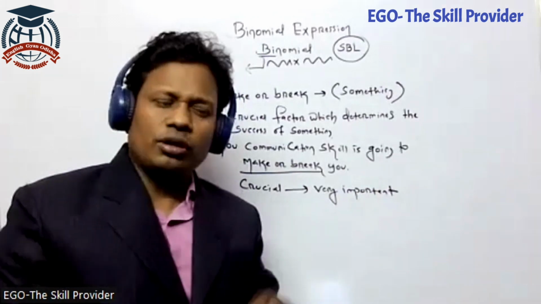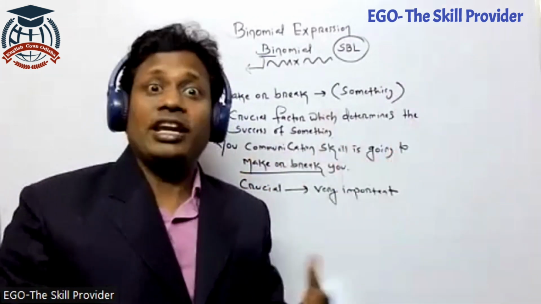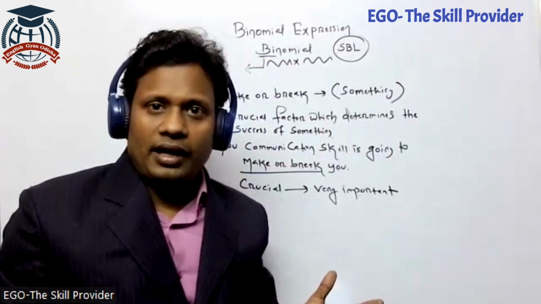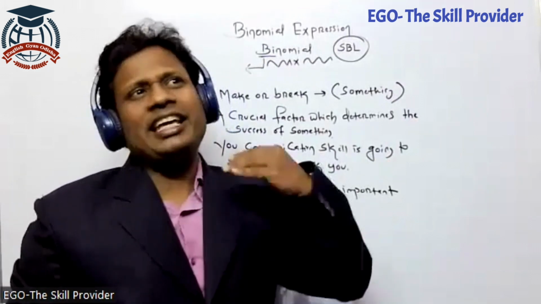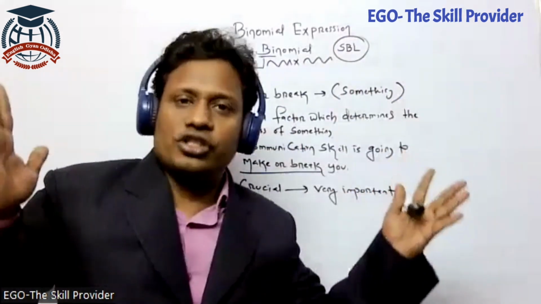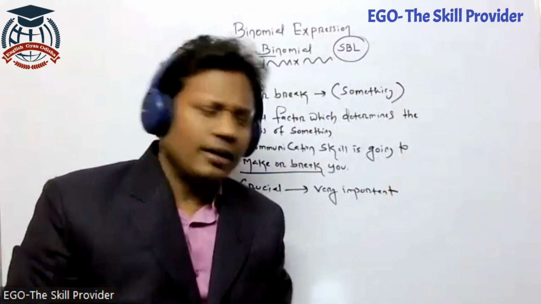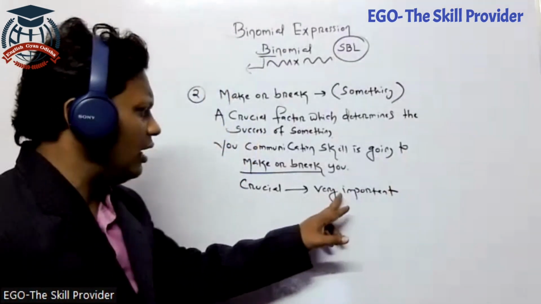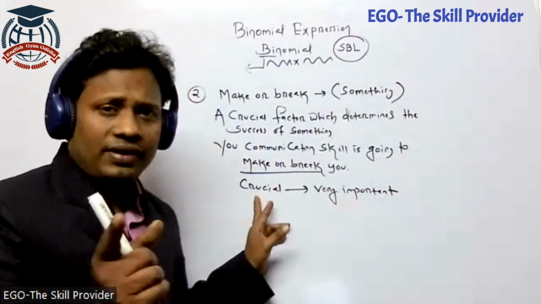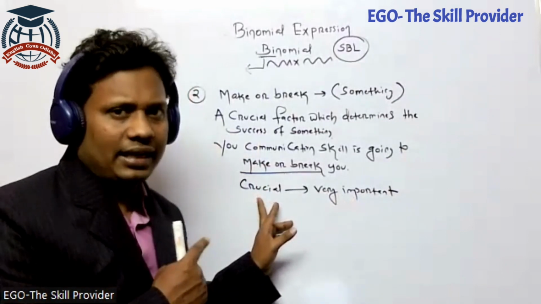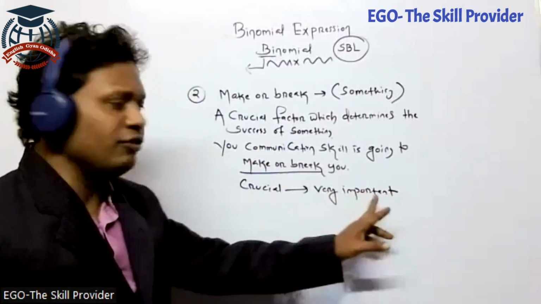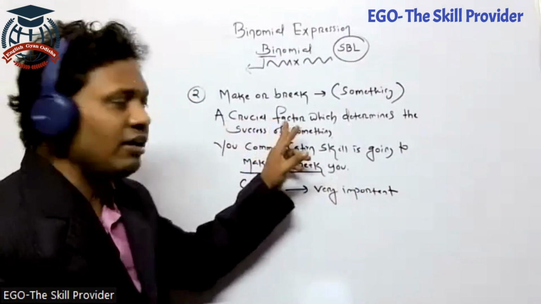The girl is very beautiful, the girl is gorgeous, right? It was a very, very big fish, it was a humongous fish. Like that, we cut the word very and substitute a single word in its place. I'll take a class for this. So this is called crucial. Crucial means very important. It's a very important factor.